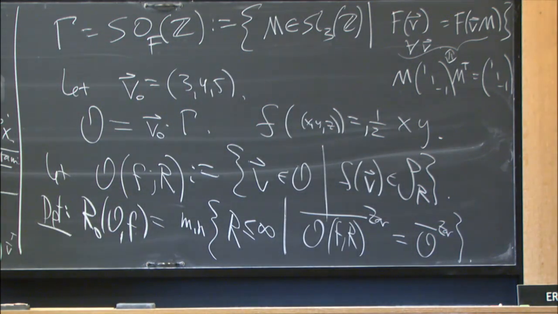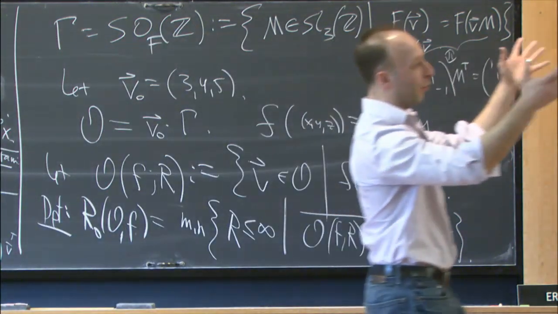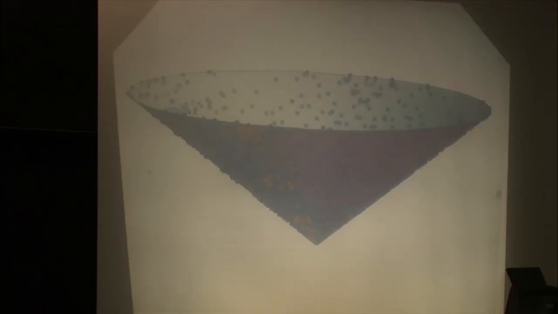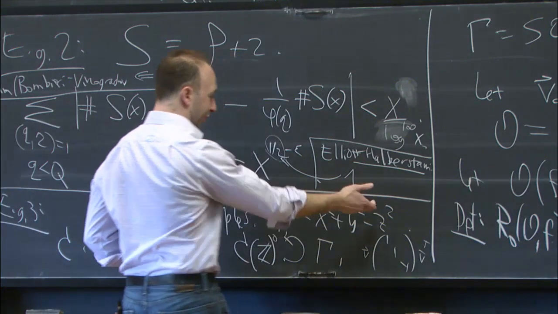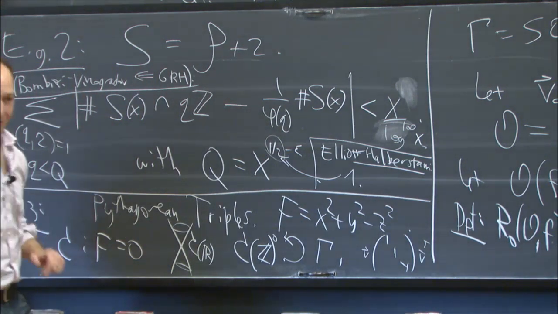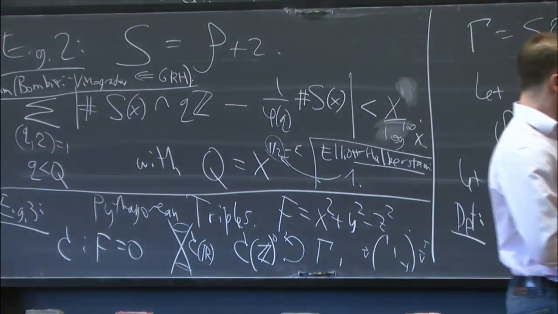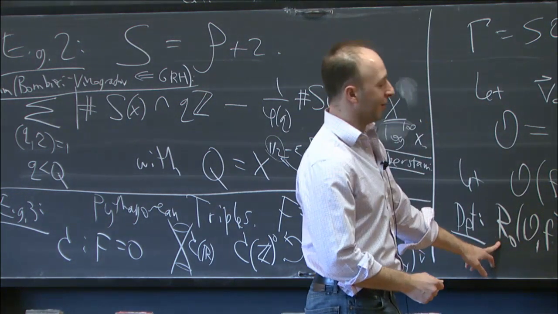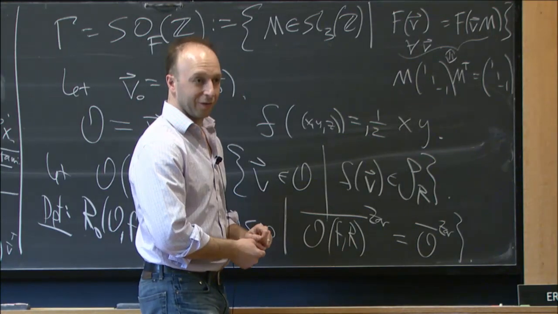OK, so O is the set of all of these points, and the Zariski closure is just the whole cone, defined abstractly. It's just this cone. And we would like to understand the smallest r so that you still get the full Zariski closure.